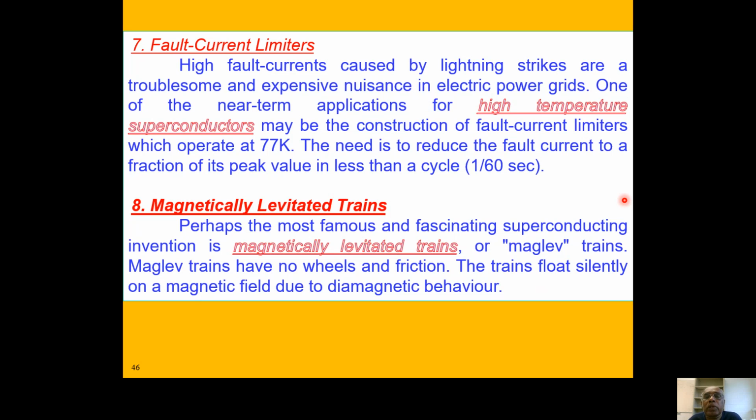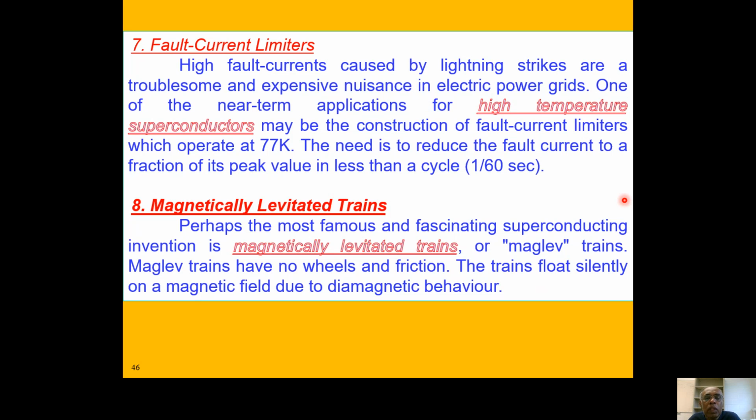Then this can even be used in high fault current applications. When lightning strikes, your devices can be in trouble, right? It can destroy your devices, but by having these superconducting fault current limiters, you can avoid that kind of damage due to lightning.